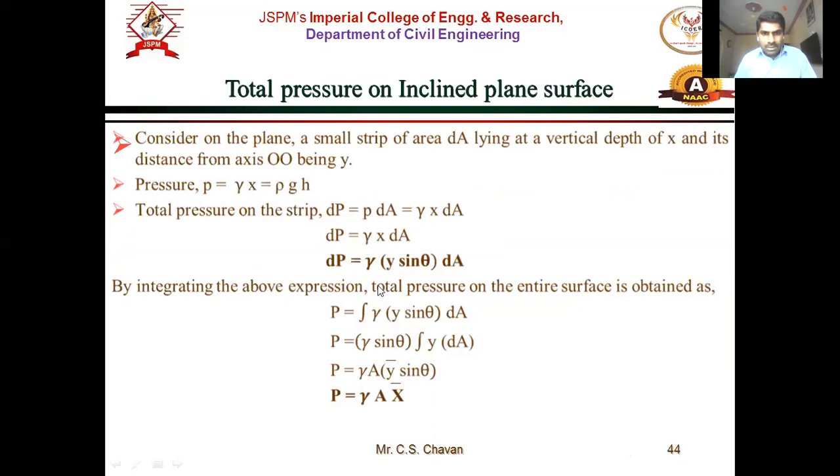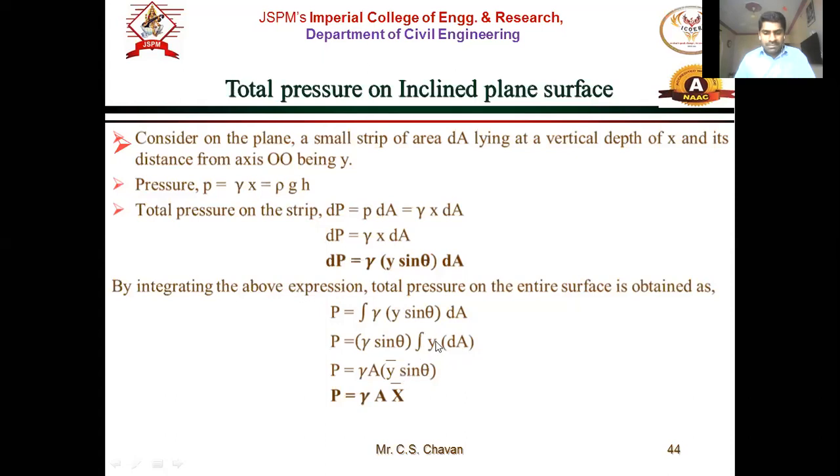Now integrating the above expression gives the total pressure on the entire surface. So integrating, that is integration of gamma y sine theta dA. Gamma sine theta is constant, integration of y dA. So the total pressure is gamma, A is the total surface area, and y bar sine theta, since the integration of y dA is A into y bar.